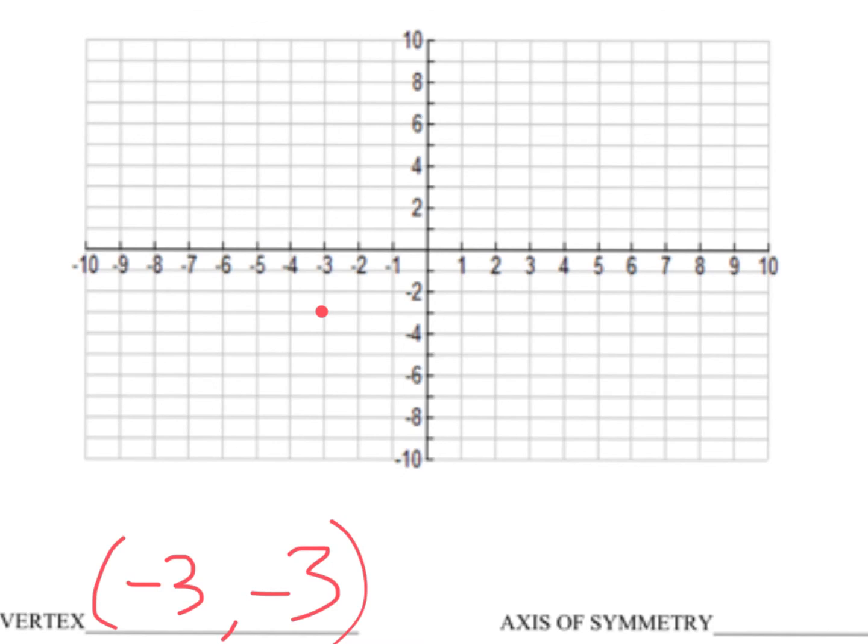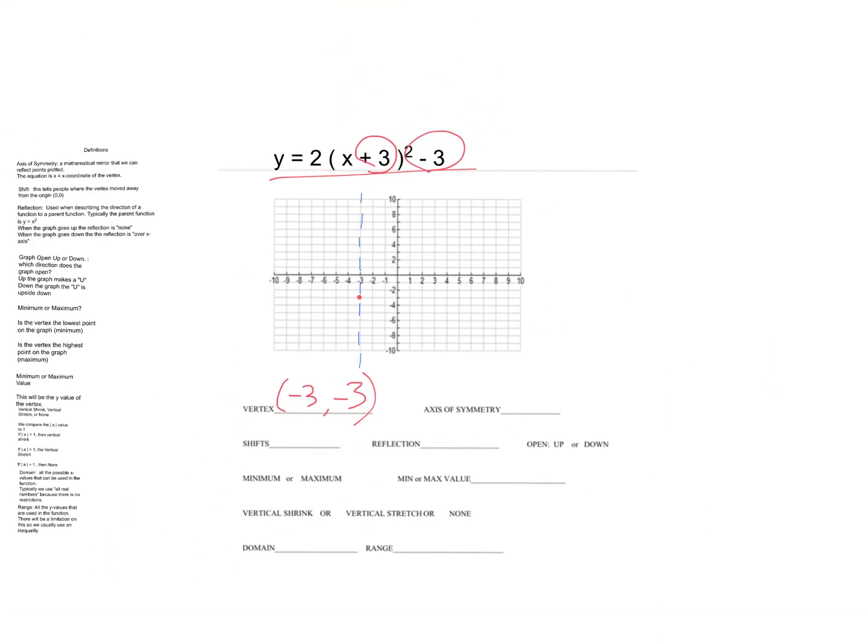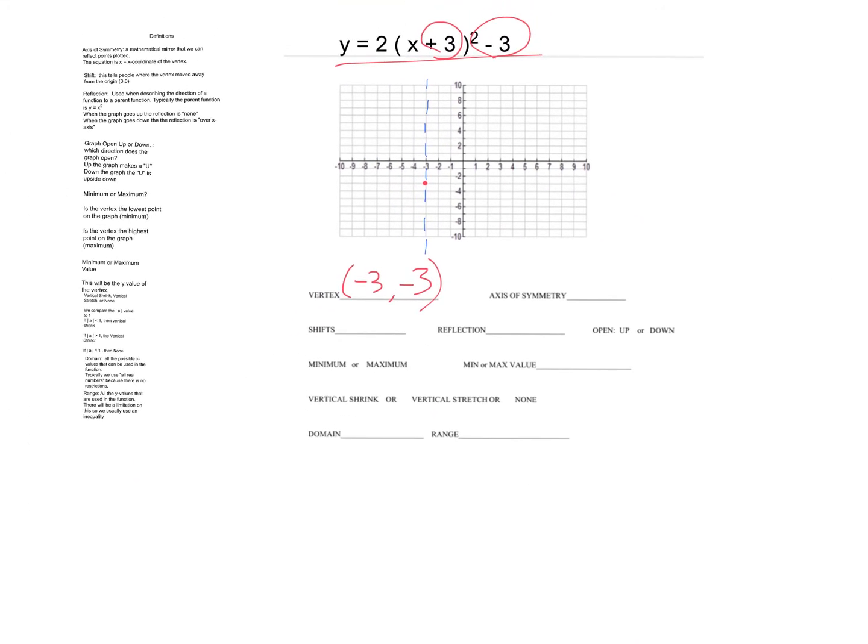Alright, let's do our axis of symmetry. Okay. Now we've got to figure out how this is going to go. So here we go. We do our a value times the 1, 3, 5, 7.